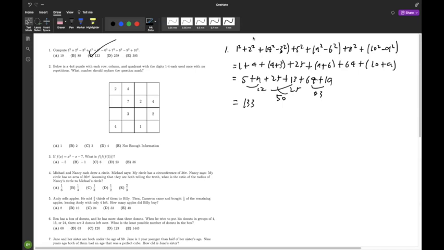Let's read it together. Below is a 4 by 4 puzzle with each row, column, and quadrant with the digits 1 and 4 each used once with no repetitions. What number should replace the question mark? So it's basically asking us a really simple Sudoku, right?